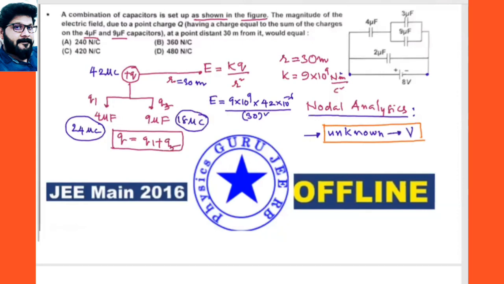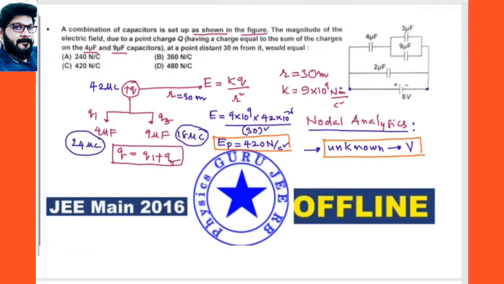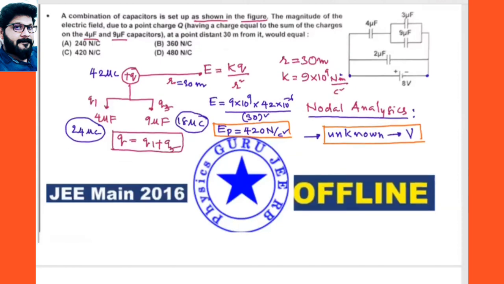So if you solve this one, E at a particular point will be 420 Newton per Coulomb. Right? So this is the final answer for this particular question, which was asked in JEE Mains 2016. Hope this is clear to all, how we can apply nodal analysis. Yes, is it clear? Fine.